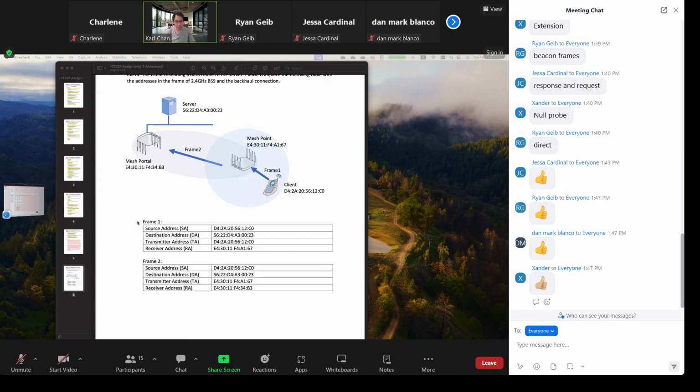That's why in our lab we were using an old 2.4 gigahertz adapter, so we cannot capture too many data frames from the air. We can basically capture the control frames, RTS, CTS, something like that, and that's all we got. So up to now, I think it's time to stop.